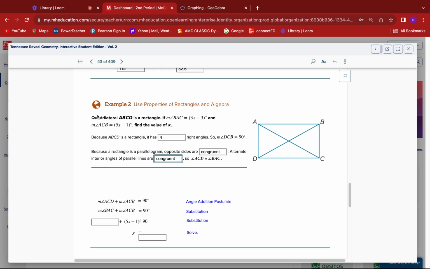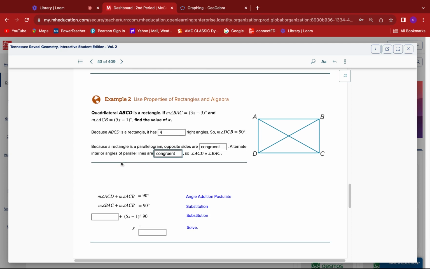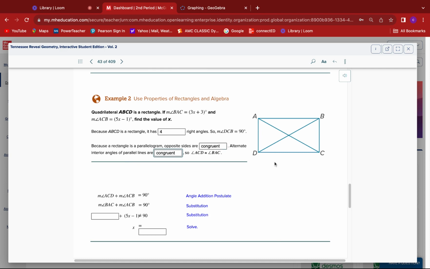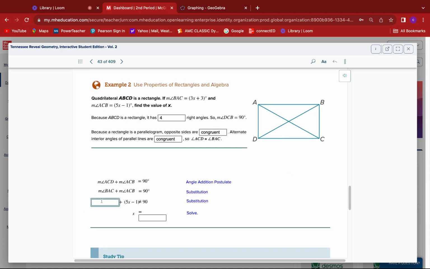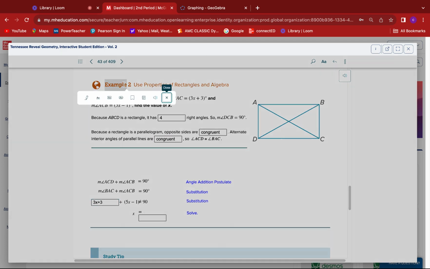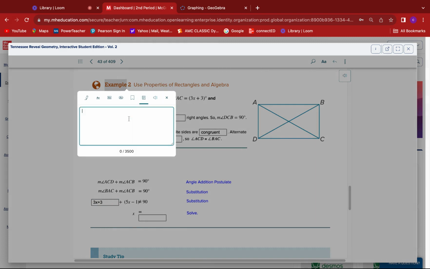They gave us ACD and ACB, so I'm curious why they were saying that, but okay, I'll go with it. They're saying that this angle and this angle are equal to each other, so these will add up to 90. Let's use a different rule than I did. No problem, same result. You're going to add those together to equal 90, and they don't give us any space to do that, so let me pull up my teacher notes.